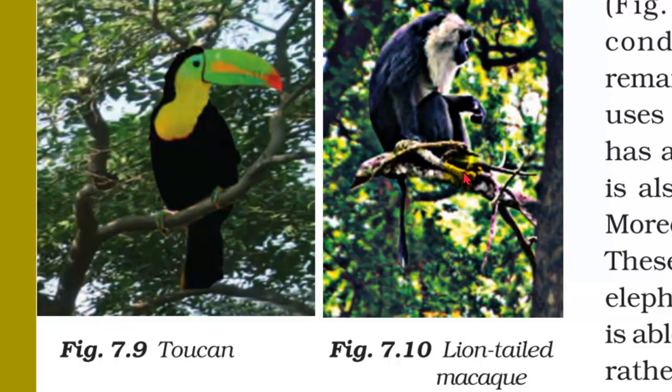This lion-tailed macaque, which is also known as beard ape, lives in the rainforest of the Western Ghats. Its most outstanding feature is the silver-white mane, which surrounds the head from the cheeks down to its chin. It is a good climber and spends a major part of its life on a tree.